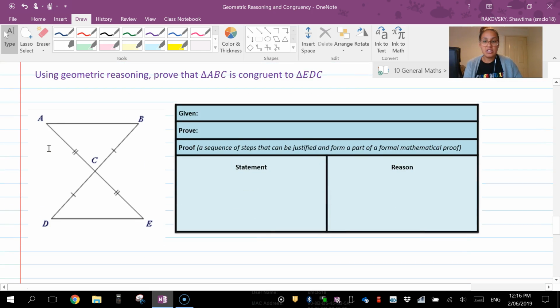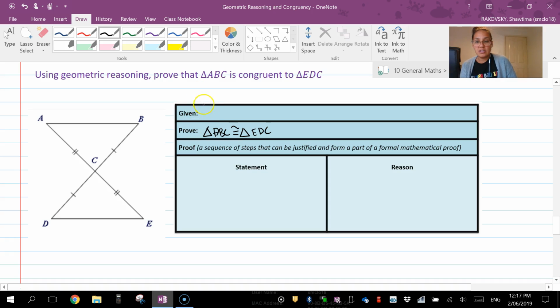So again, using geometric reasoning, what we're trying to prove is that triangle ABC is congruent to triangle EDC. Note ABC, EDC, like it corresponds.